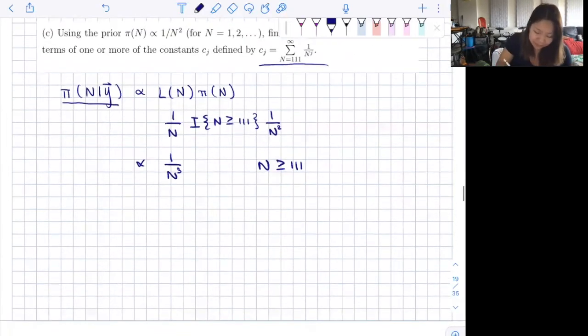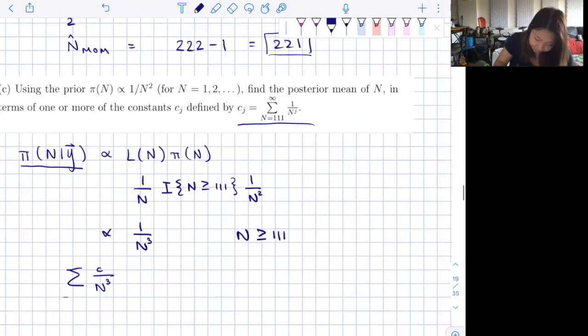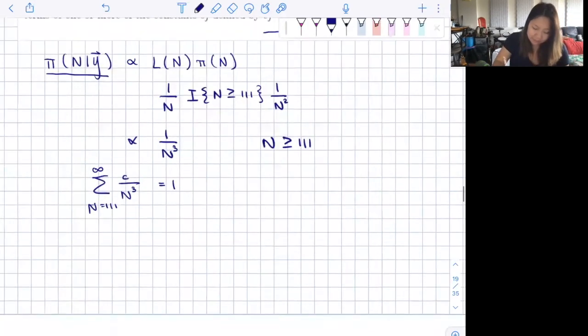So we have to normalize it. So we will need c over N cubed, summed from N equals 111 to infinity. I need this to sum up to 1.